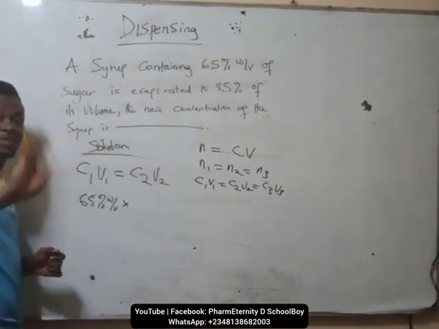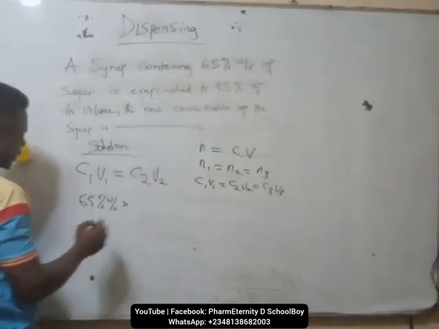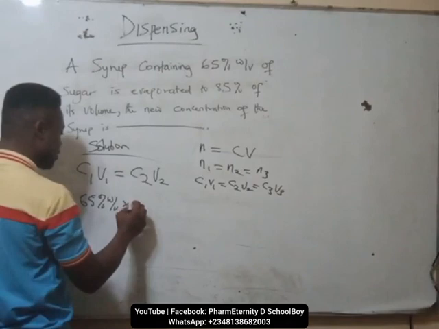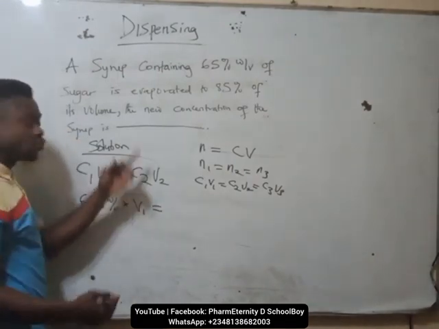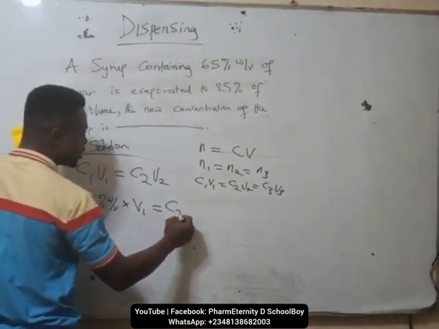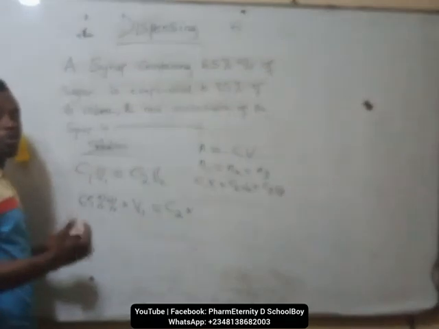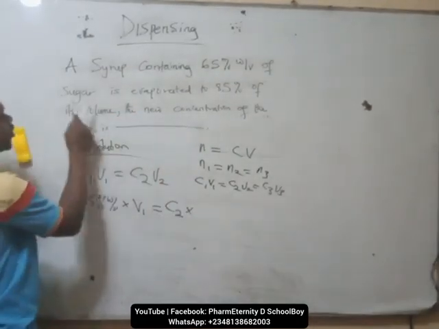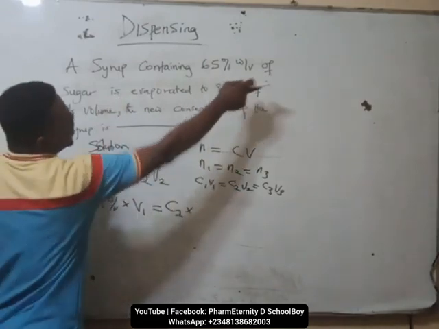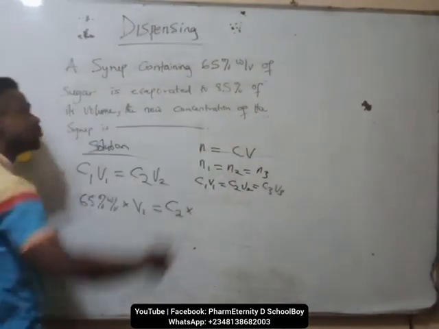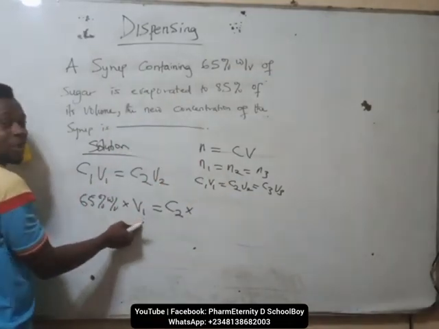They didn't give us V1, so we leave it at V1. This is equal to C2, the concentration we are looking for, times V2, the volume it was concentrated to. We are told that after the evaporation, it was evaporated to 85% of its volume, so the new volume is 85% of V1.